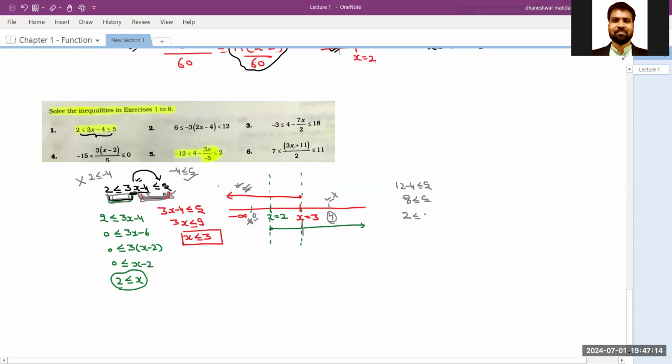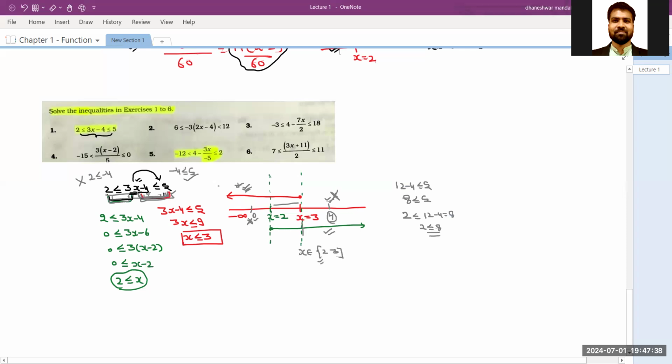And if I put 4 there, then 12 minus 4, it means 8. So 2 is obviously less than 8. So one inequality is satisfied, another inequality is not satisfied in this region. So the only region which is the solution of this whole inequality is x belongs to 2 to 3.